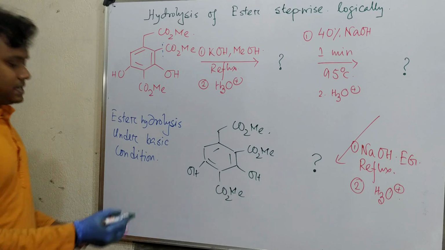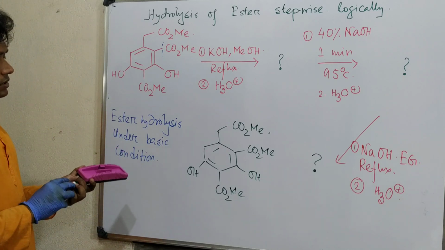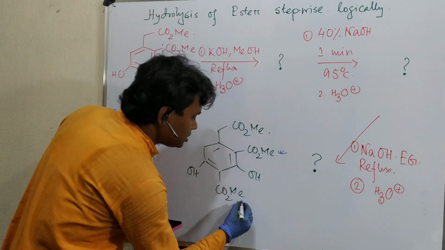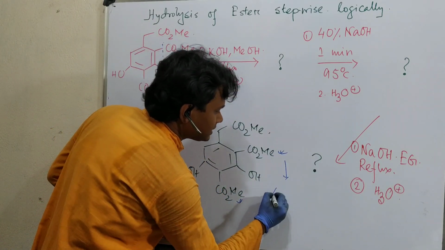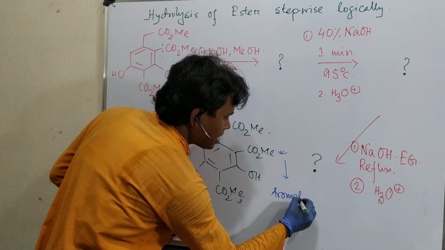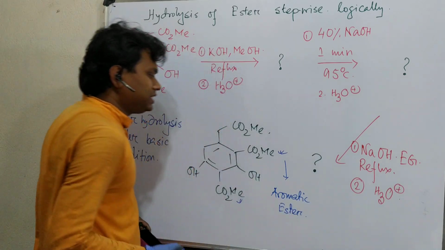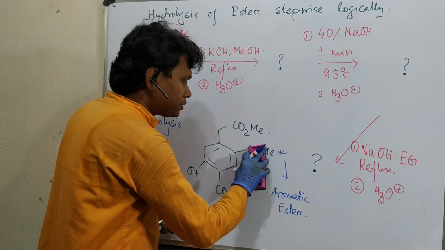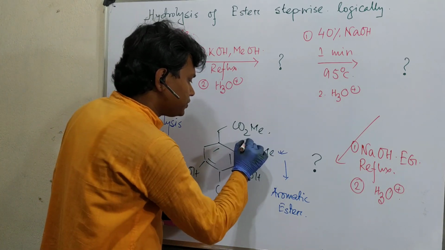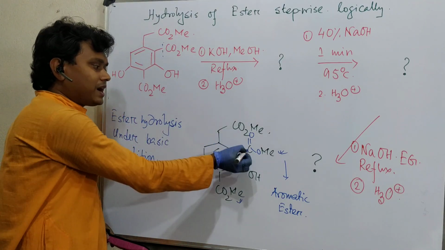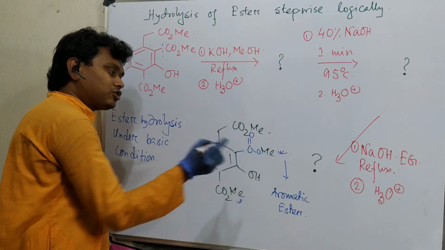Now the question: see, these two, this one and this one, are aromatic esters, from aromatic acid, meaning this carbonyl group is in conjugation with the benzene nucleus. That's why it is relatively less electron deficient.